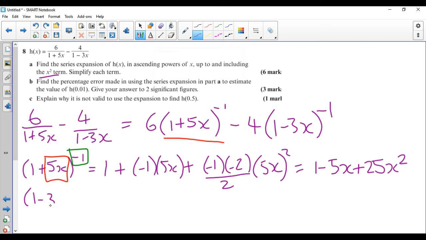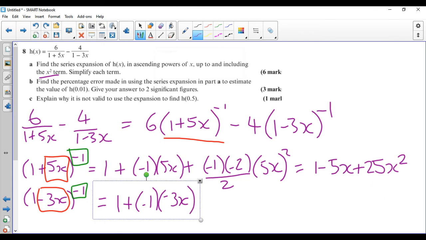Okay, let's work on the second one, 1 minus 3x to the minus 1. My x in this case is minus 3x, and my n again is minus 1, so that should be reasonably straightforward. That's 1 plus minus 1 lots of minus 3x, my nx again using brackets, plus minus 1 times minus 2 over 2 times minus 3x squared.